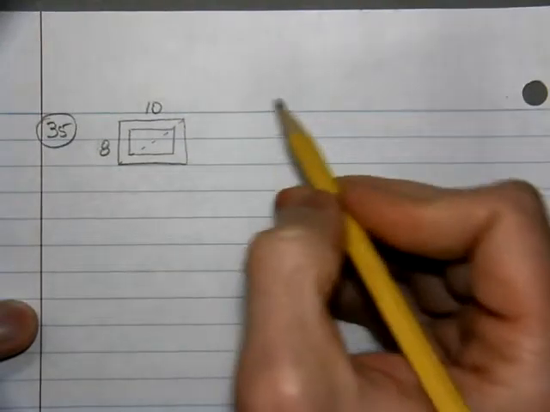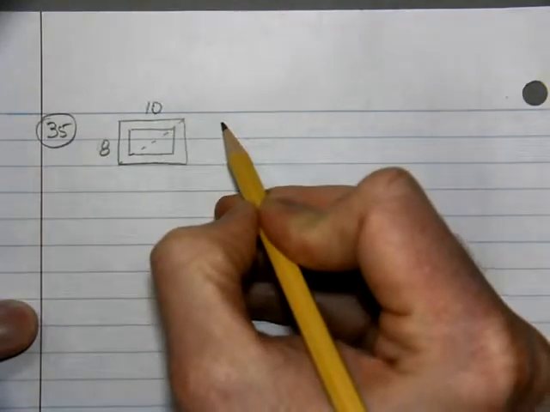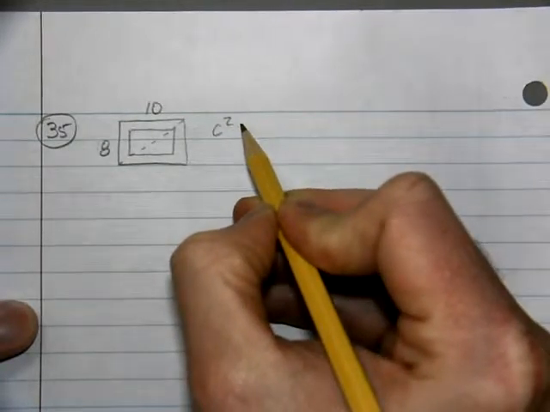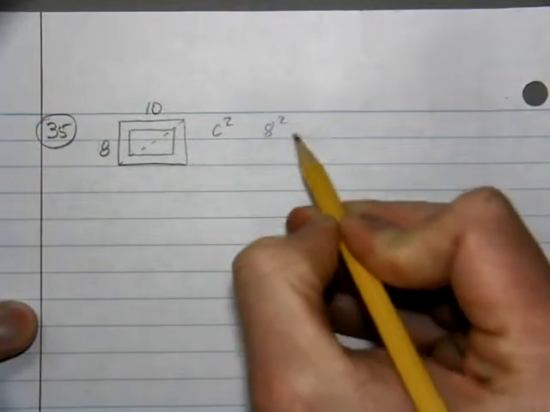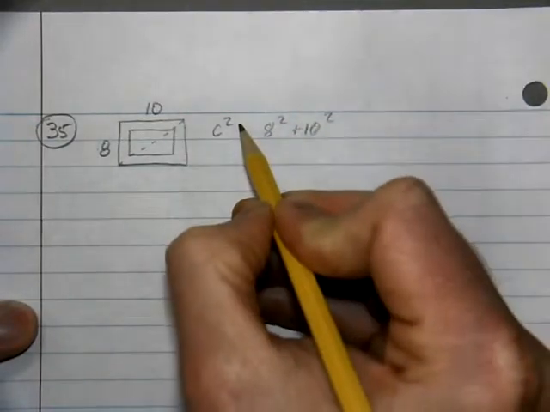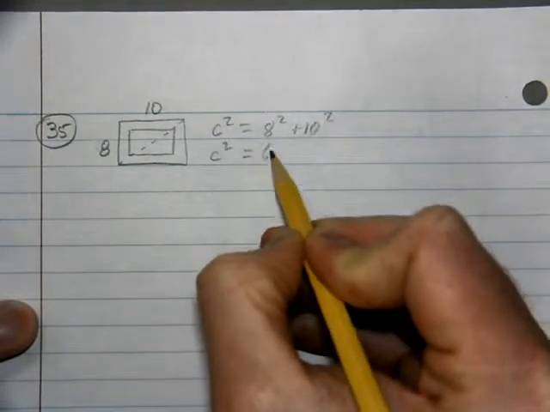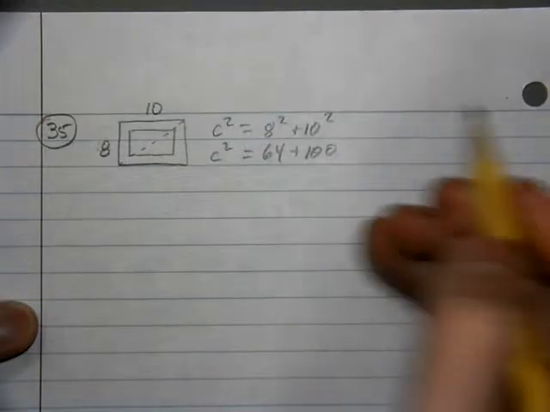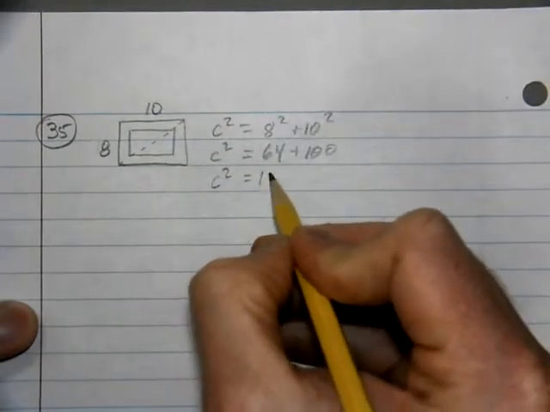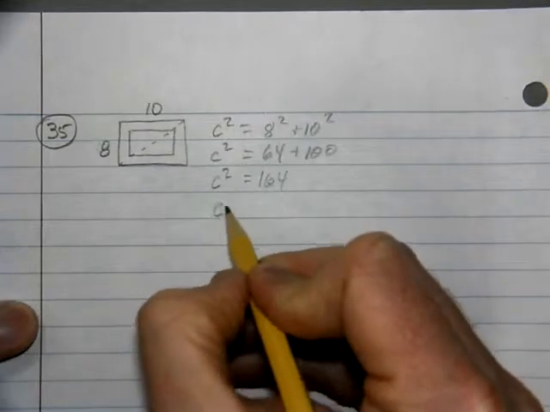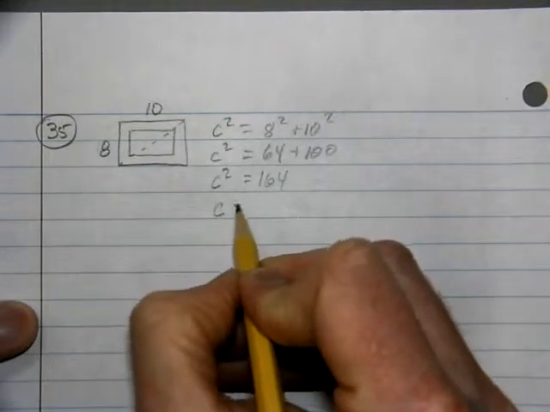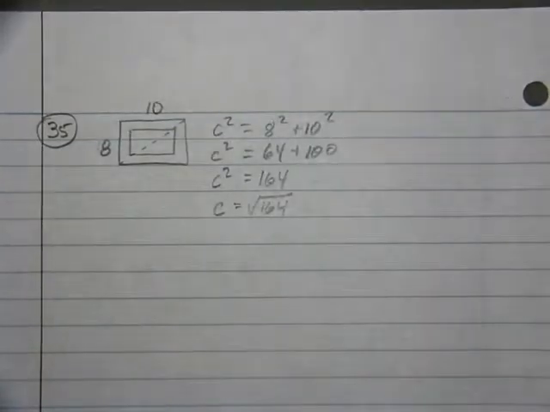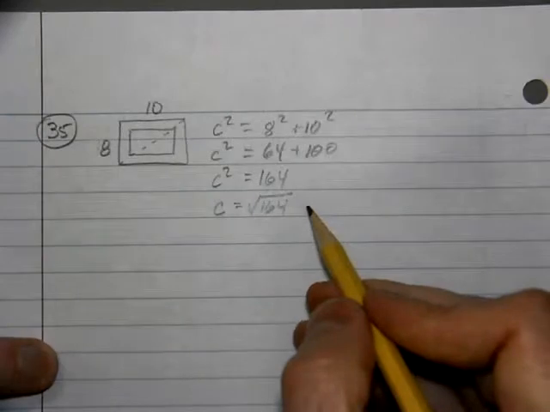So one way to think about that is c squared equals 8 squared plus 10 squared. C squared is 64 plus 100, 164. C has to be the square root of 164 inches.